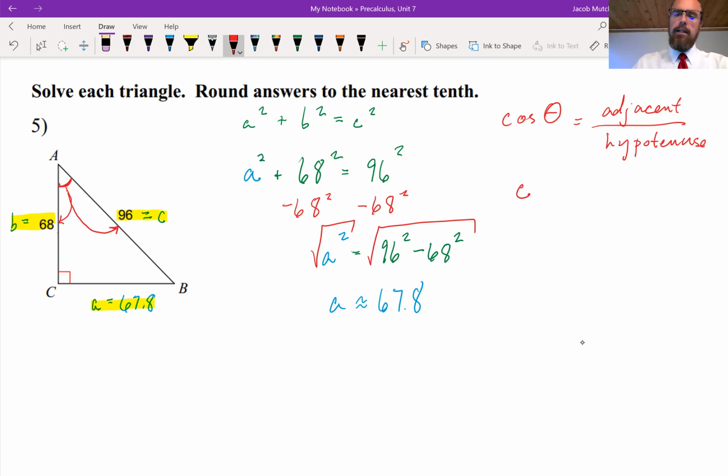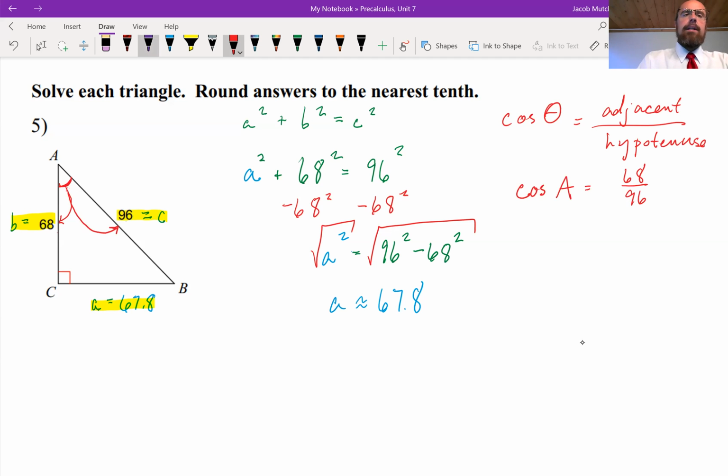I'm going to leave the angle just as theta because that's what I'm trying to discover. I don't know that angle. So cosine of angle A, which is theta. In fact, let's call it A, just so I don't get turned around and think it's angle B, is equal to the adjacent side length 68 divided by 96, the hypotenuse length.